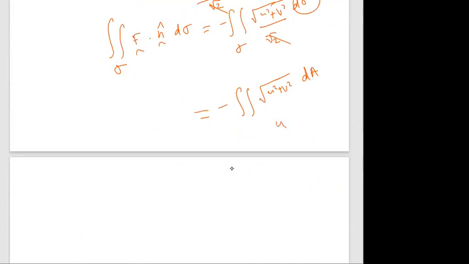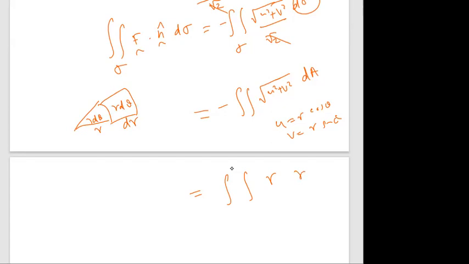Use cos theta for one, sin theta for the other. So dA is, remember, r d theta dr. Okay, so these two are independent, and let's put the limits. Theta from 0 to pi, r varies from 0 to 1, right?